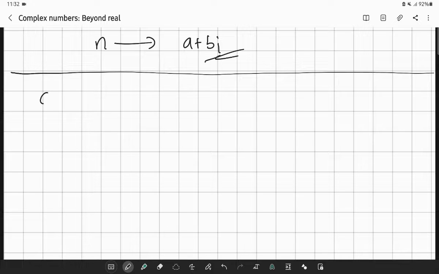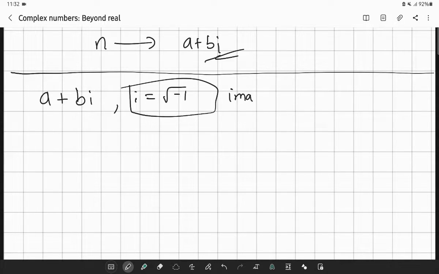So I've said that complex numbers are numbers of the form a plus bi with i equals the square root of -1. Now let's look at the imaginary unit i. This is what we call the imaginary unit. Let's look at what happens when we square i. i squared is equal to -1. What happens when we cube i?